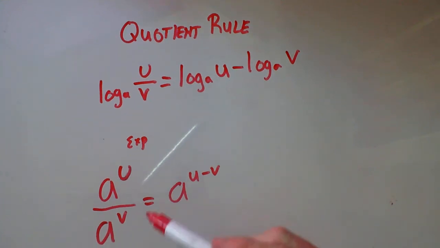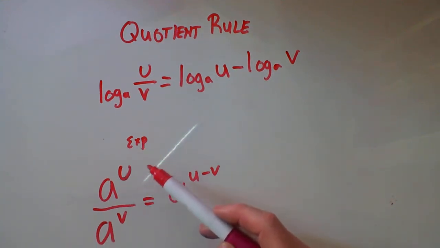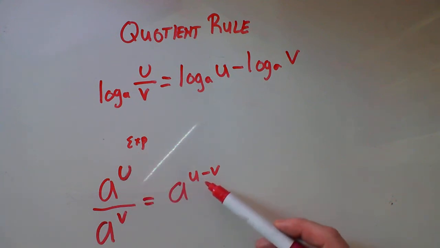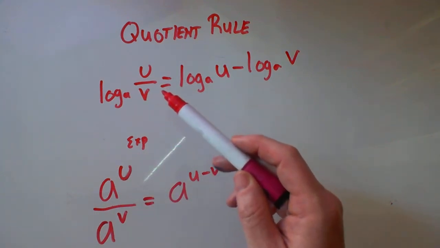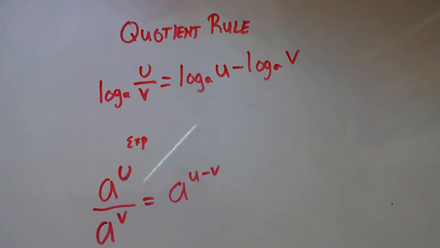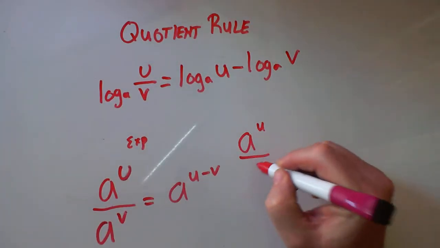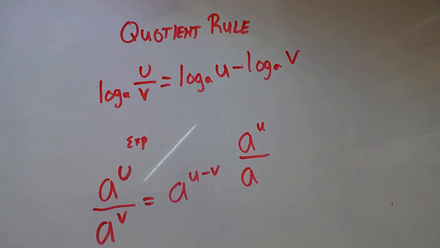So when we worked in exponential rules, we saw that if you have division, it becomes subtraction. Division becomes subtraction. This is really just a restatement of the other rule.